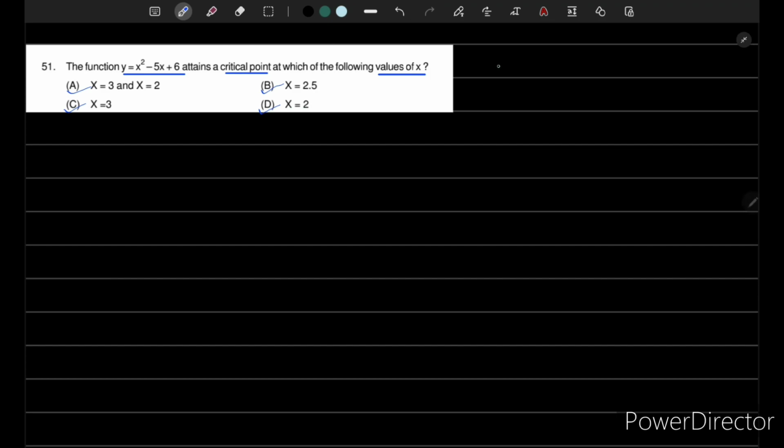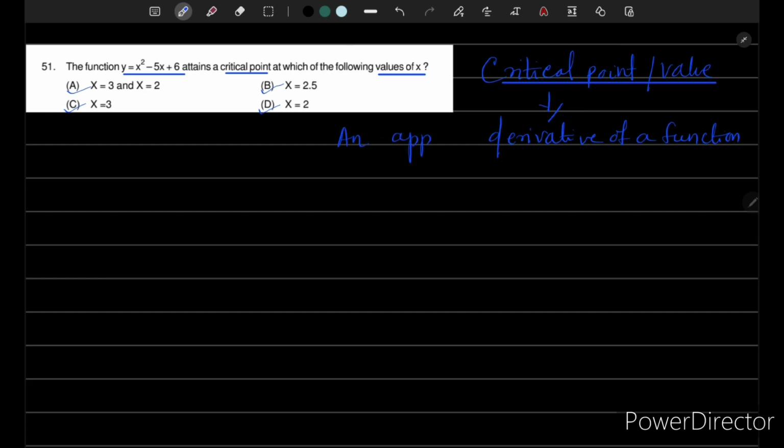So today's concept is critical point or critical value. This concept is very much related to the derivative of a function, or you can say this is an application of the derivative of a function.